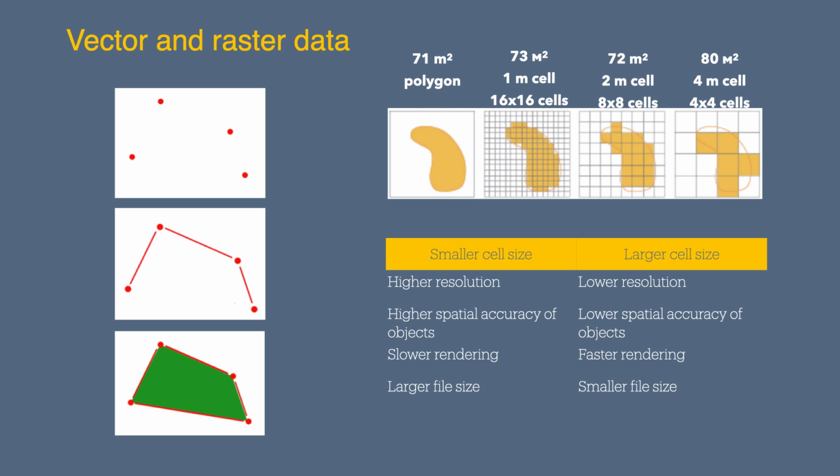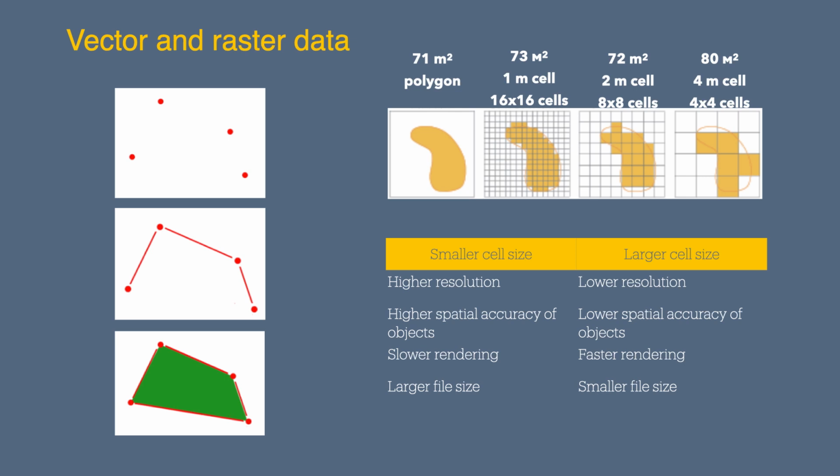It's important to note that raster data can have one or more channels. One channel can show a black and white image, while three channels can show a color image that represents different aspects of data. These features make raster data very useful for analysis of satellite images and data from remote sensing.